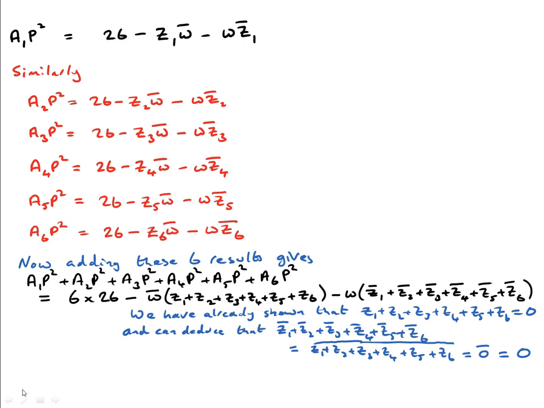So our expression for A1P squared plus A2P squared plus A3P squared plus A4P squared plus A5P squared plus A6P squared simplifies drastically to 156 minus the complex conjugate of W times 0 minus W times 0, which gives me 156.